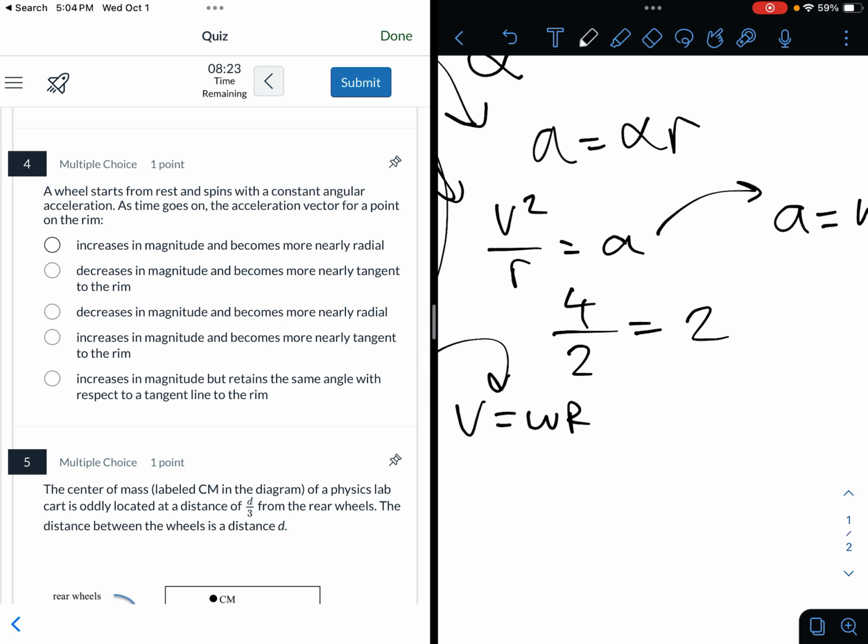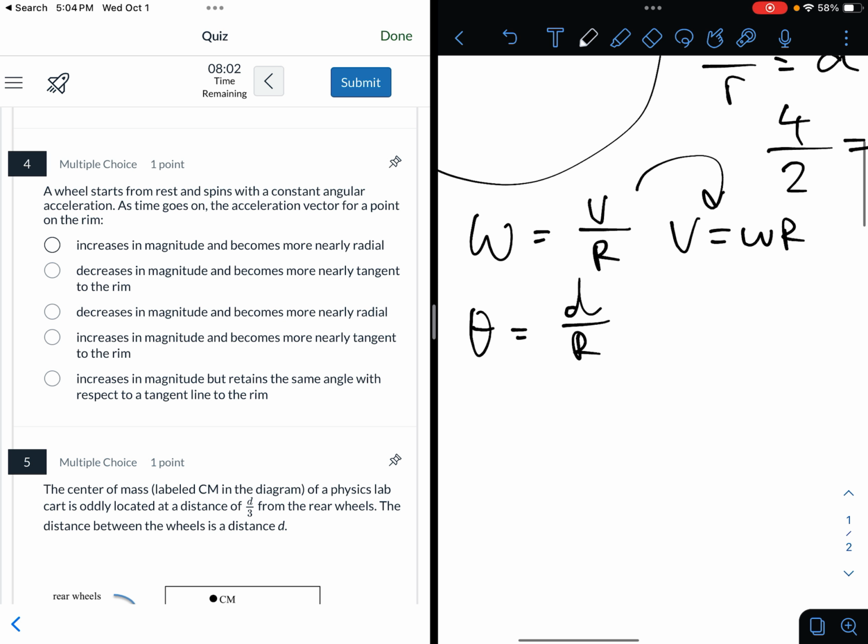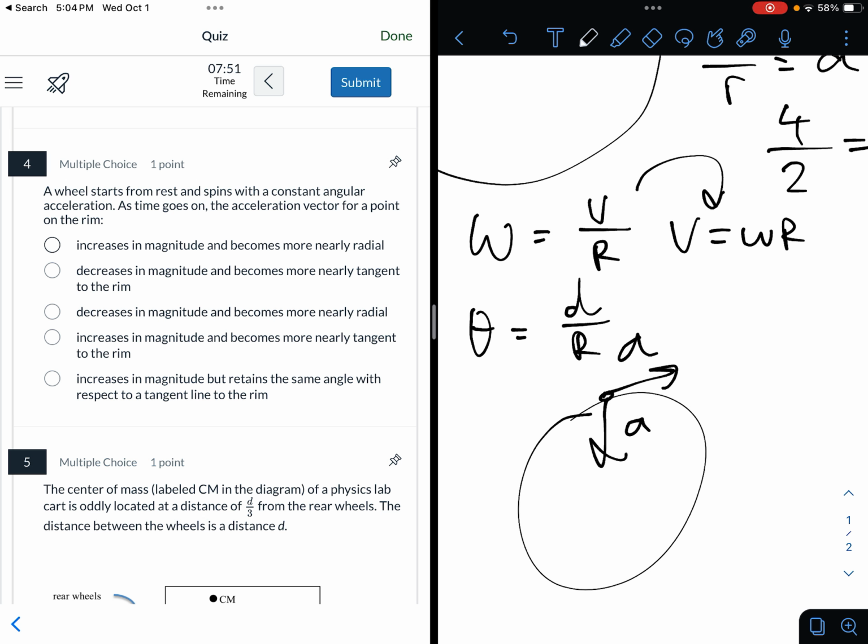A wheel starts from rest and spins at constant angular acceleration. As time goes on, the acceleration vector for a point on the rim is going to increase. This is kind of interesting because if you have a point on the wheel, there's going to be an a in this direction that's going to cause it to accelerate, and there's going to be an a radial.